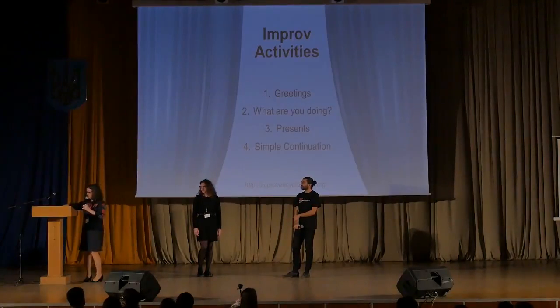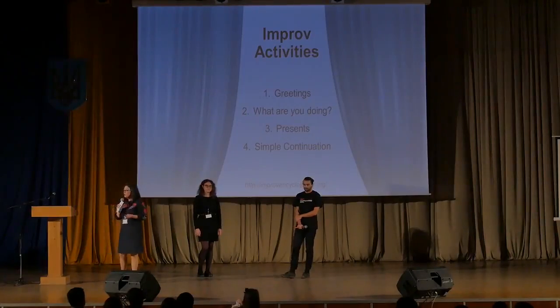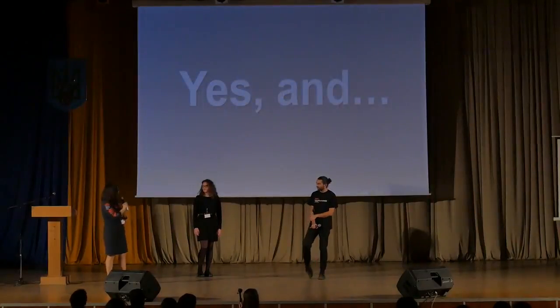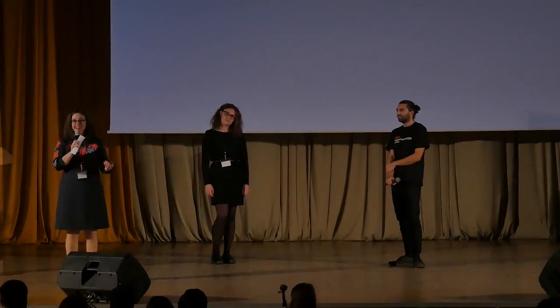And we're just going to grab one. And the only rule for this activity is the rule of yes and. What this rule means is that no matter what one person says to the other, they have to agree to the idea of it and add to it.